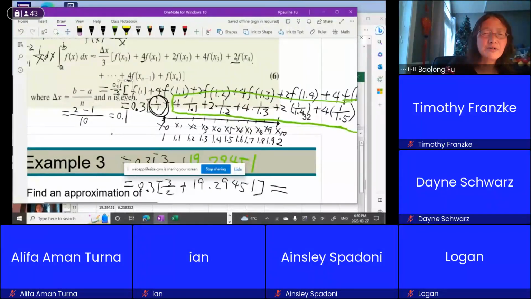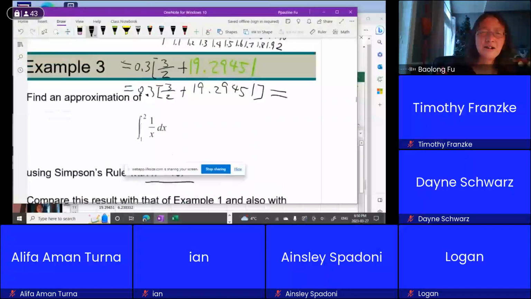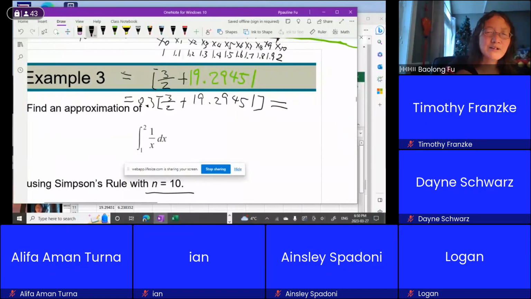So here, I got 0.1 over 3, that is correct. I will keep right down 0.1 over 3.